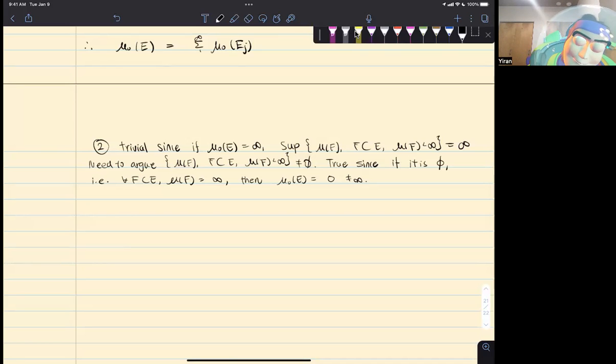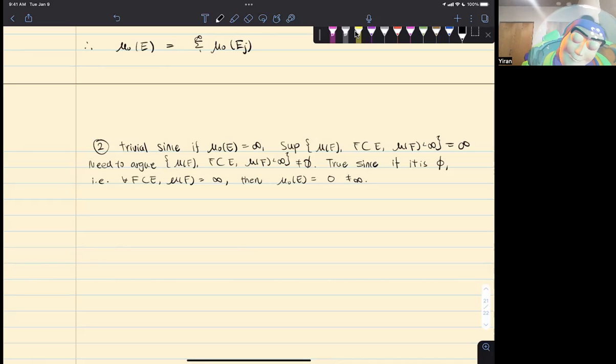You actually still need to prove that mu of F is strictly larger than 0. So that is equivalent with arguing that it is impossible to, like, let's prove by contradiction.